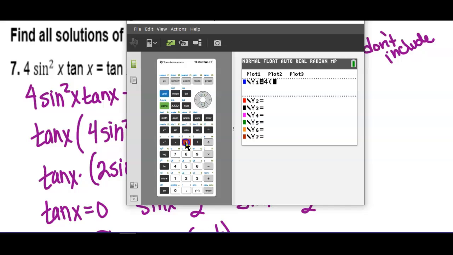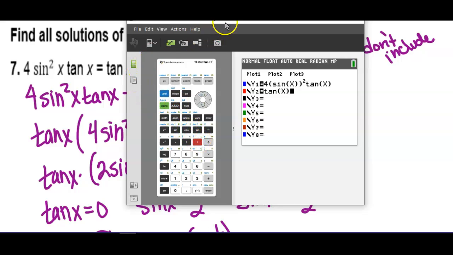Now there's 2 ways to do this. I was always taught to put the sine of x in the whole thing in parentheses and then square it. That's the way that used to work. Now you can actually do it a little shorter, and I'll show you on another one. Tangent of x, and that's supposed to equal tangent of x.